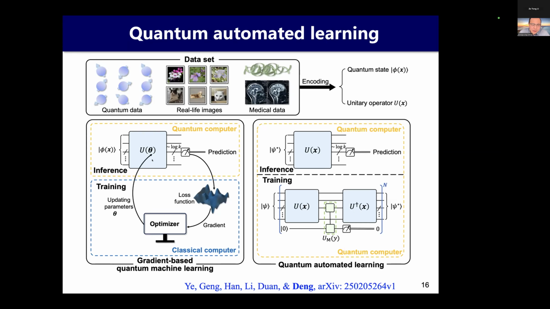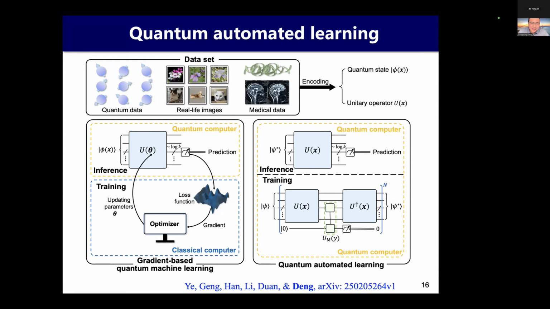In order to train this, U theta is basically the quantum neural network, a variational quantum circuit. You define some loss function, calculate the gradient of this loss function, and update the variational parameters in each training step.